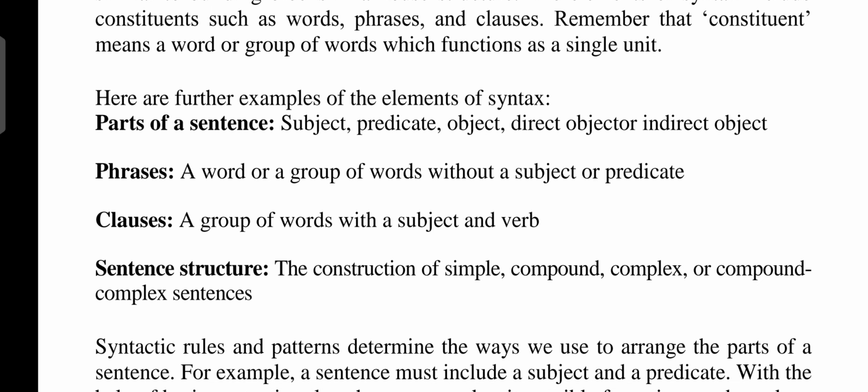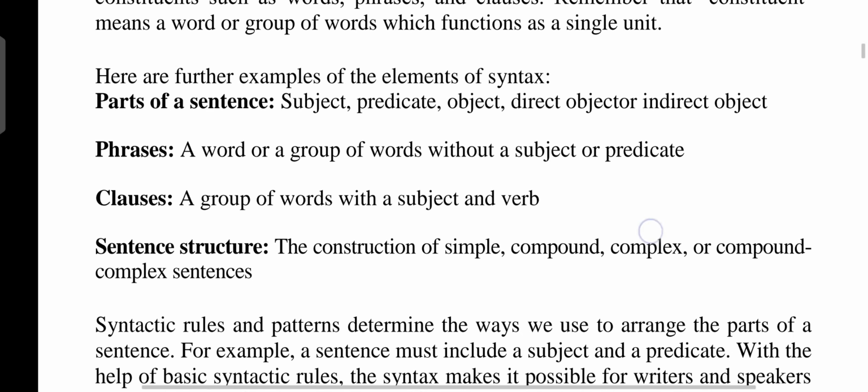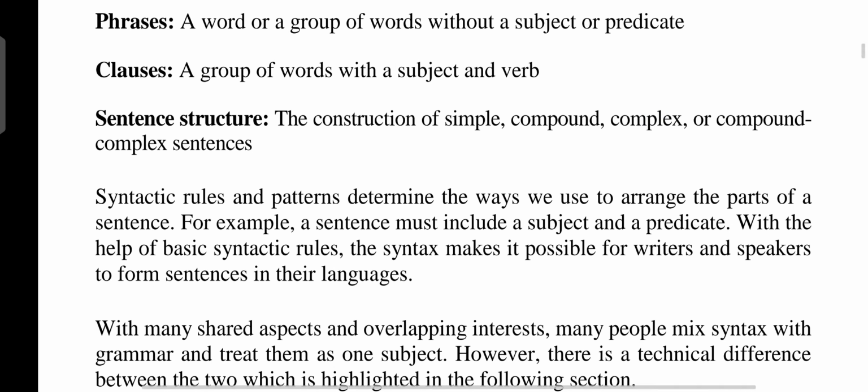A phrase is a word or a group of words without a subject or predicate. A clause is a group of words with a subject and verb. Sentence structure is the construction of simple, compound, complex, or compound-complex sentences. Syntax rules and patterns determine the ways we arrange the parts of a sentence.